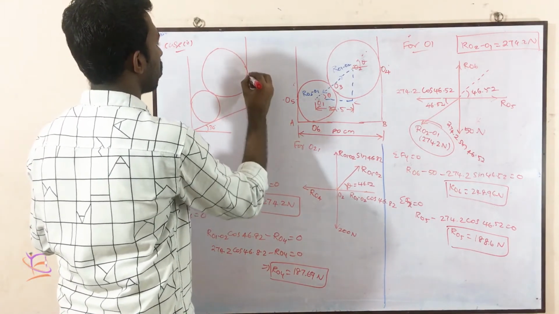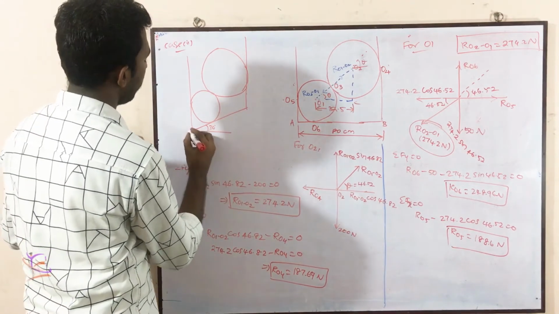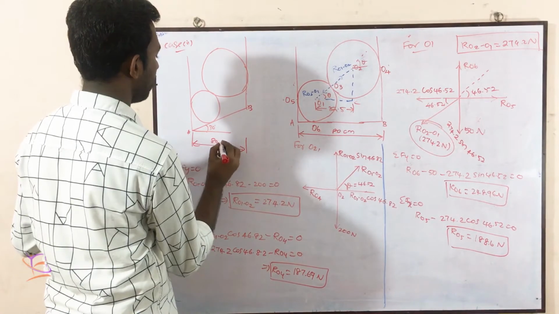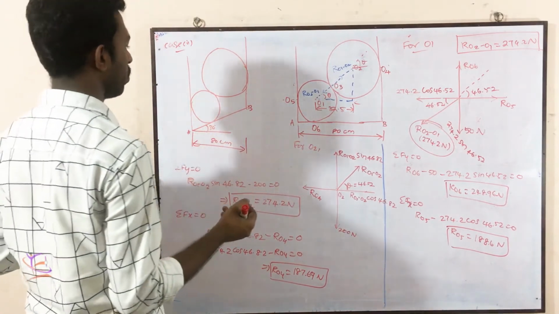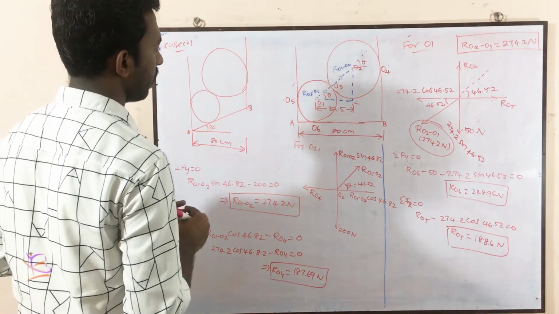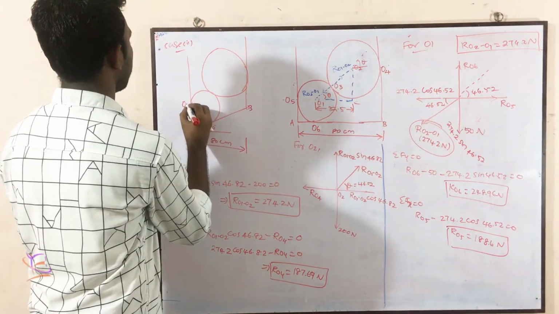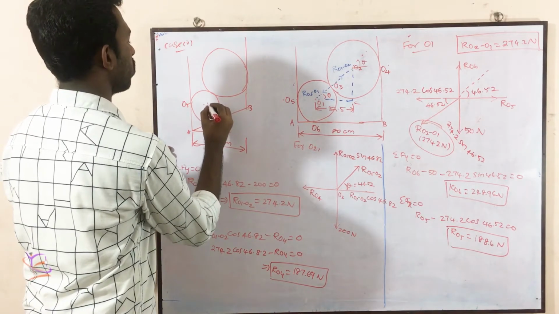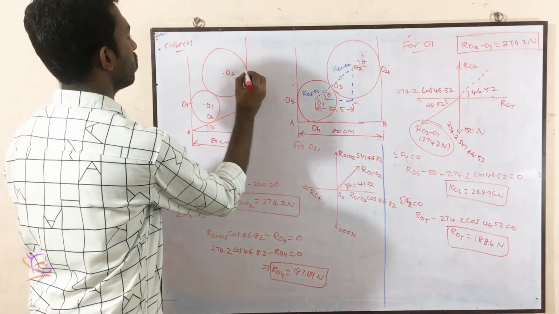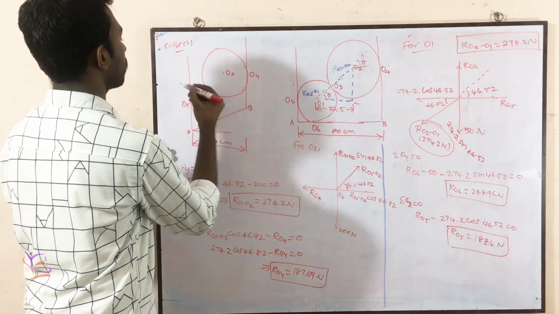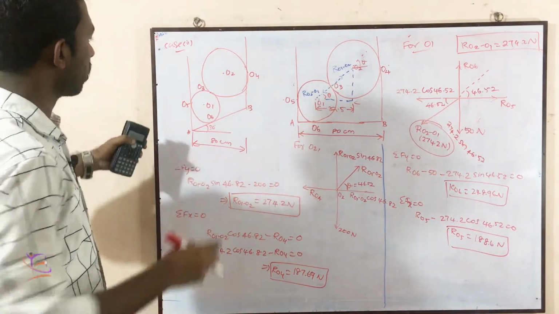This is not a big problem. A, B is 80 centimeter. This will never change, you know that. Now inclined. O5 here, O6 will be here. This is O1, this is O2, O4, O3.